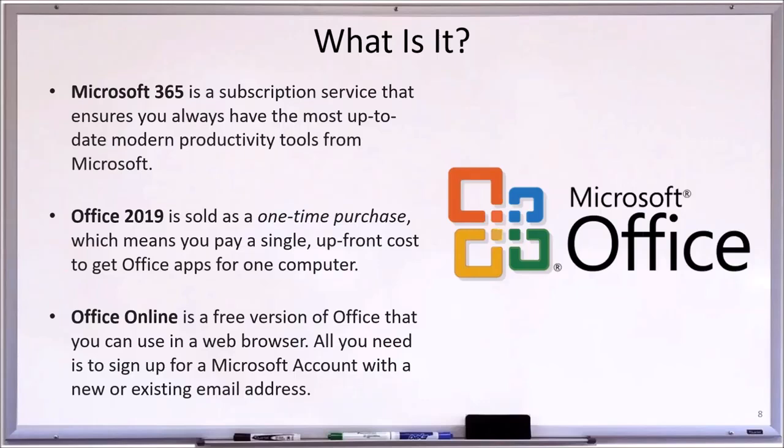Then we're also going to get a little bit farther into Office Online. This is a free version of Office. You can access it through a web browser, and all you need to do is sign up for a Microsoft account with a new or existing email address.